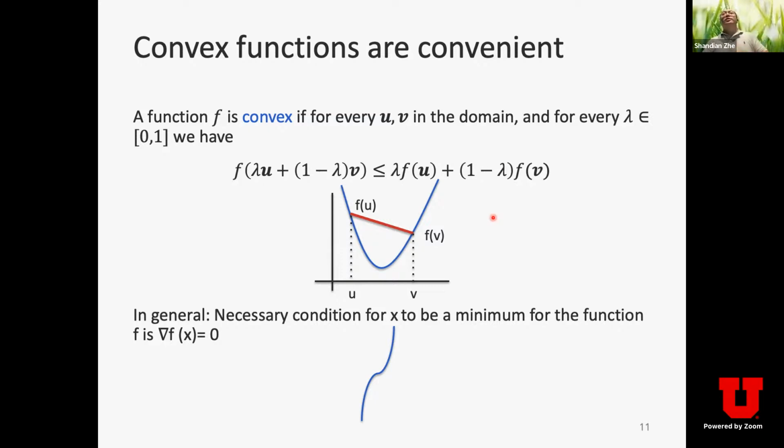But this is just a necessary condition. That means if your function is differentiable and you find some point which is optimal, then the gradient at that point must be 0. But can we say that if the gradient is 0, then you have arrived at the minimum?